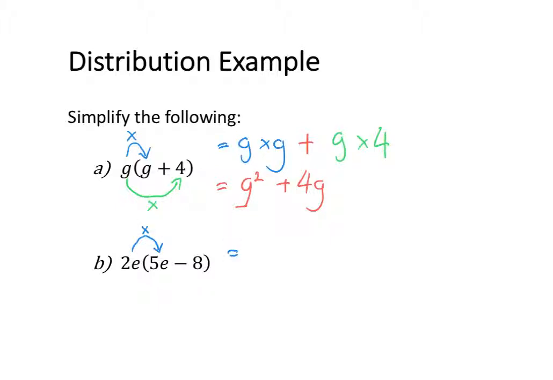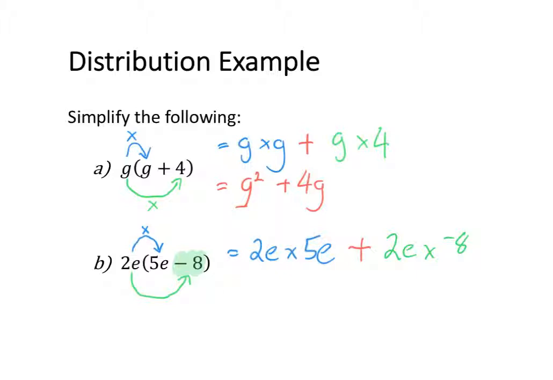So that is going to equal 2e times 5e, plus, and then take my 2e term outside the bracket and multiply it by my second term inside the bracket. Now remember, for the second term, I need to have a look and see what sign is in front of my second term. So my term in this example is going to be negative 8. So it's going to be 2e times negative 8.